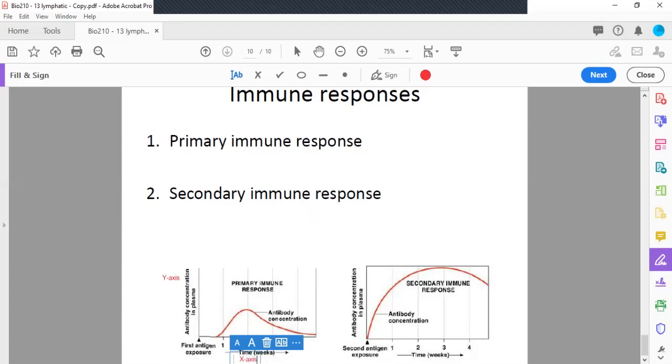As you can see, the y-axis represents the concentration of antibody in the plasma. The x-axis represents the time after exposure to the antigen of the pathogen.